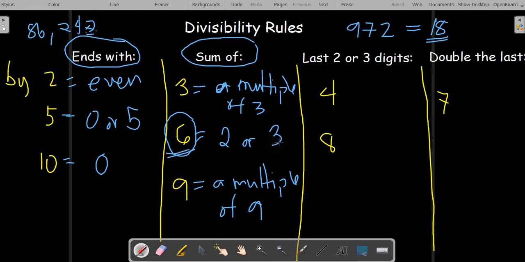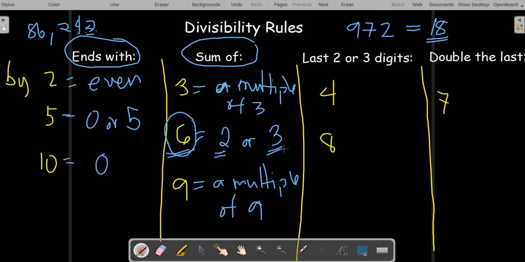That means to say, if the number is even, it's divisible by 2, and if you add the digits and the sum is a multiple of 3, then it's divisible by 3. In other words, if it can be divided by 2 and 3, it is also divisible by 6.